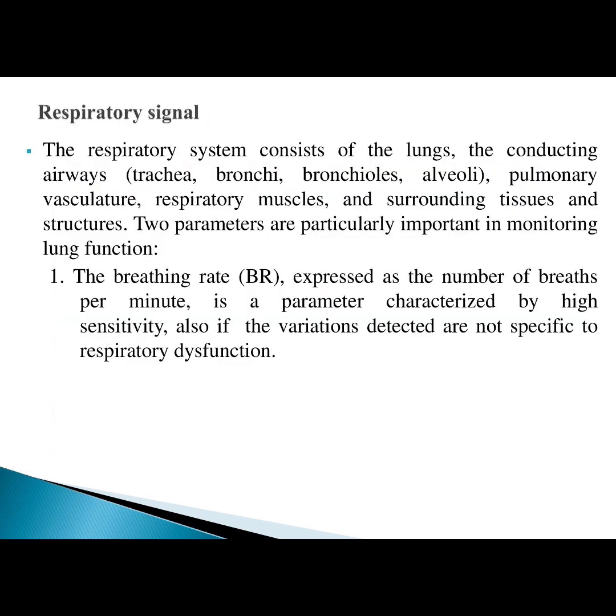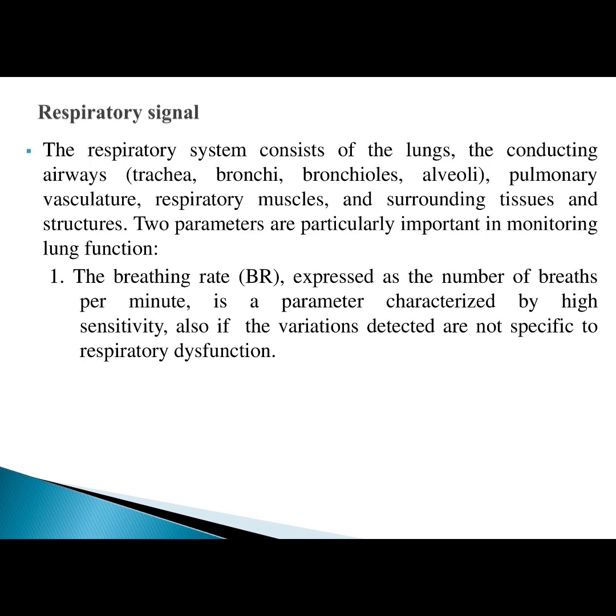Next one is respiratory signals. The respiratory system consists of the lungs, the conductive airways, pulmonary vasculature, respiratory muscles, and surrounding tissues and structures.